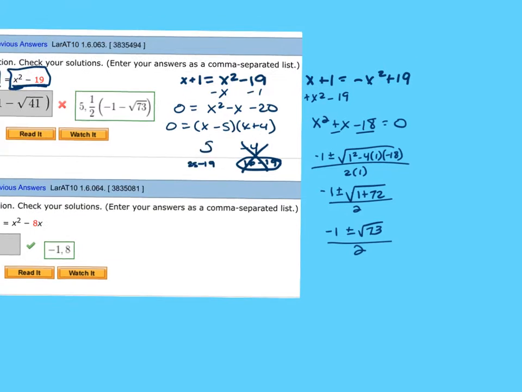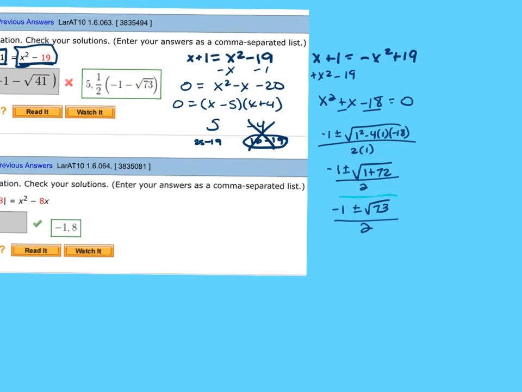And then to check these solutions, I would use a calculator to figure out what each of those was. Negative 1 plus square root 73 divided by 2 is 3.77, so 3.8. And then negative 1 minus square root 73 divided by 2 is negative 4.8.